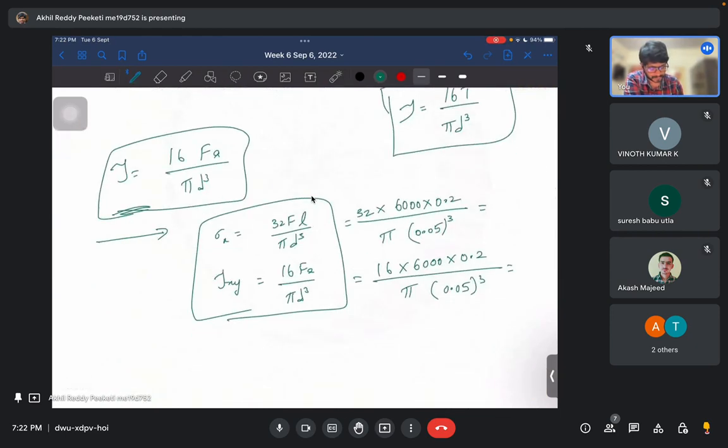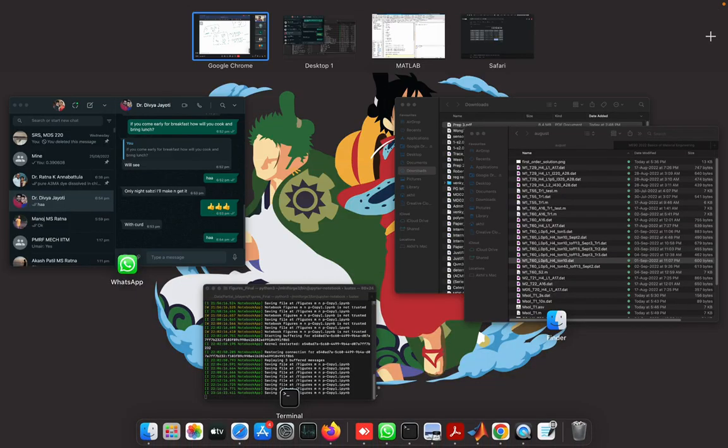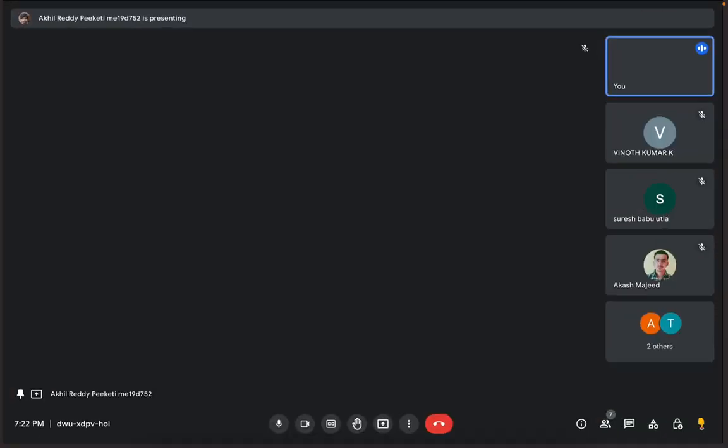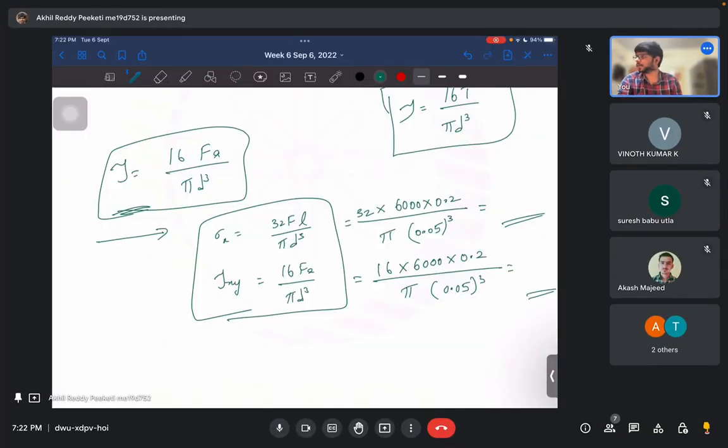So if you substitute these, what will you get? Let me just plug in these numbers and see. We have 6 kilonewtons, A is 200 mm and L is 200 mm.